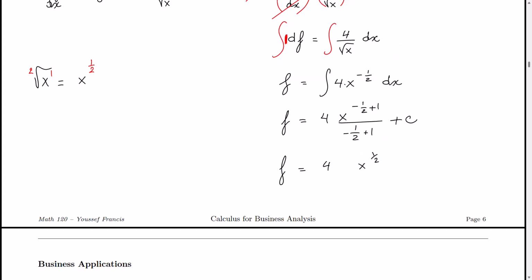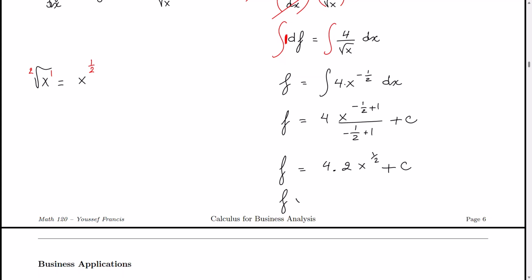So it used to be 1/2 down on the bottom. So flip it upside down in your head. It becomes 2 over 1. And just write down over here in the middle between the 4 and the x. There's also the plus c at the end. Just keep writing that. By the way, 2 over 1 is really 2. So if you want to write down 4 times 2 instead, that will be perfect. And 4 times 2 is really 8.